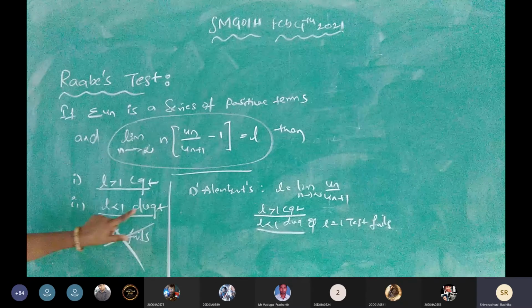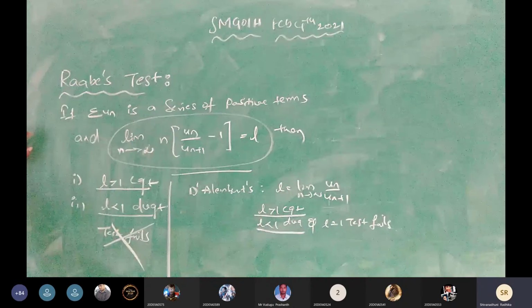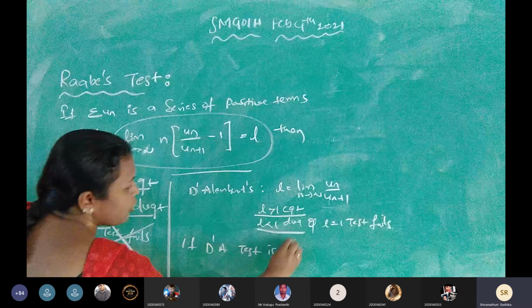Now, when we are going to apply Rabe's test, this is the main thing. If the D'Alembert test fails, then we go for Rabe's test.